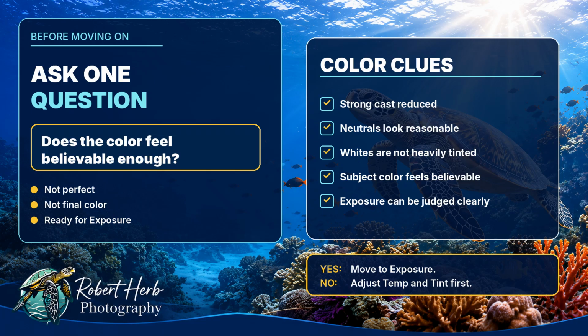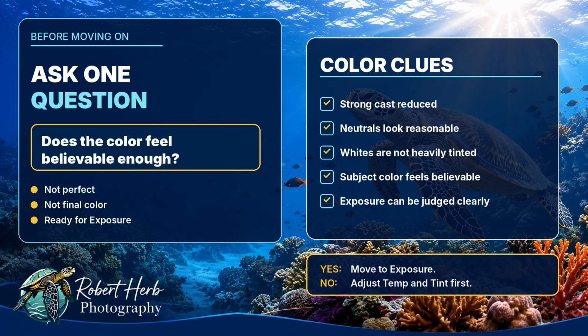Before you leave white balance, ask one simple question. Does the color feel believable enough for me to judge the next step? Not perfect, not finished, not final color, just believable enough. Look for clues in the photograph. Sand, natural rocks, white markings on marine life, diver equipment, or any known color in the scene can help you judge whether the image still has a strong, unwanted cast.